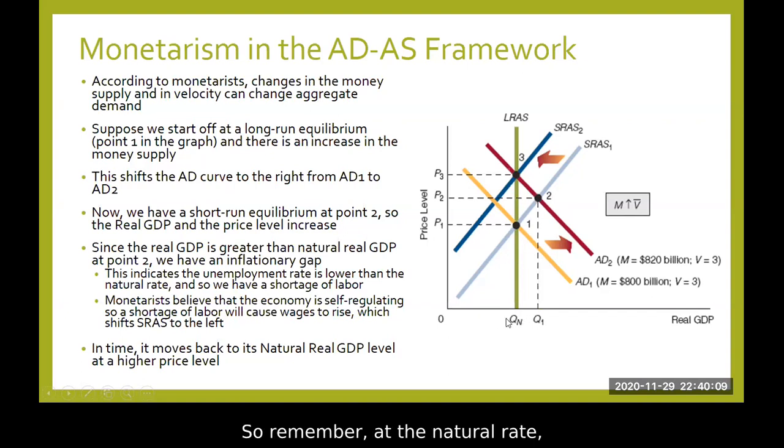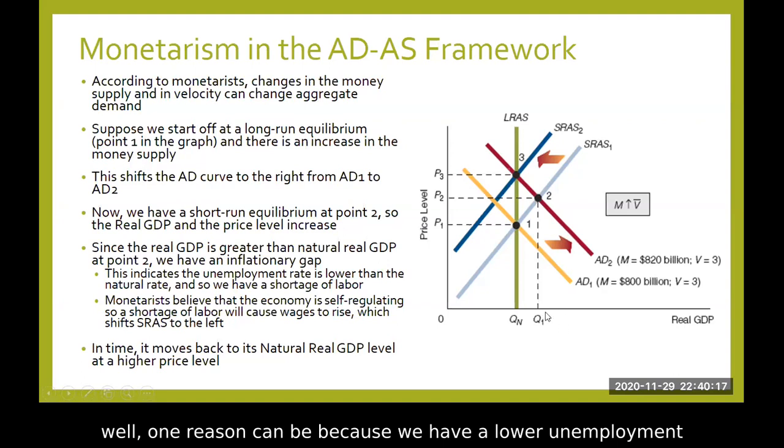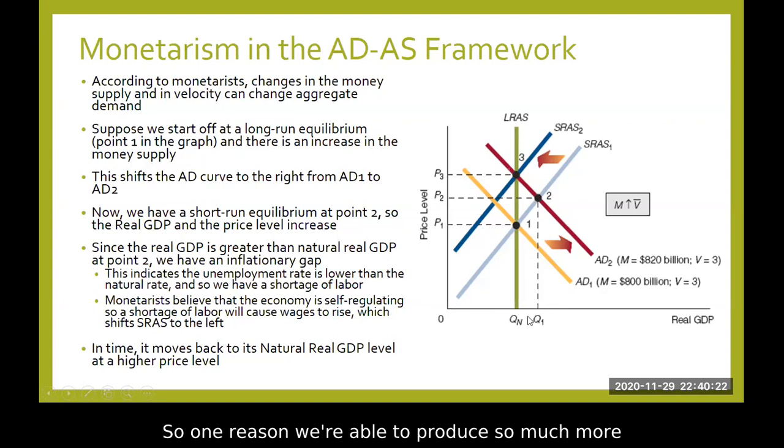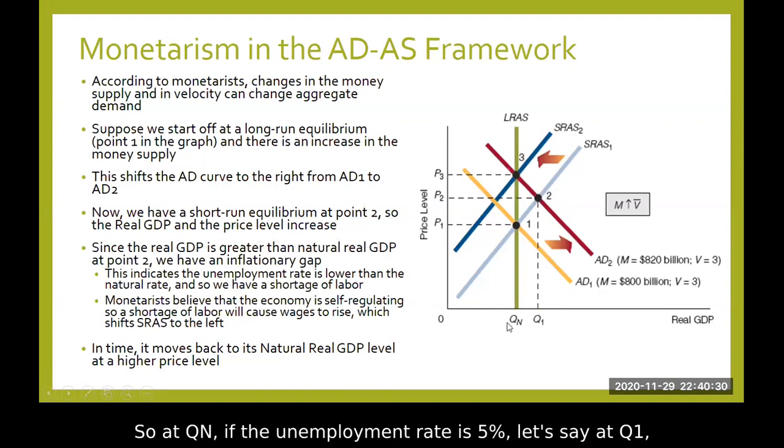So remember, at the natural rate, the unemployment rate is like 5%. And if we're producing more than we expect, well, one reason can be because we have a lower unemployment rate than we expect. So one reason we're able to produce so much more is because more people are working and less people are unemployed.